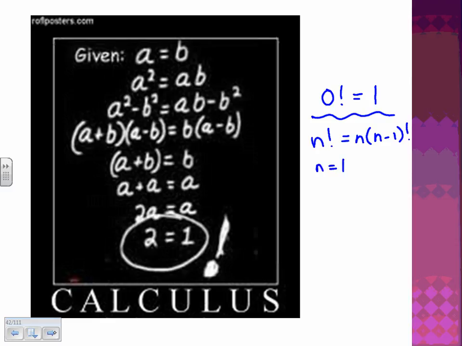So that would mean 1 factorial equals 1 times 1 minus 1 factorial, right? Okay. So what's 1 factorial? 1. So 1 equals 1 times 1 minus 1, which would be 0 factorial. So look, 1 equals 0 factorial. Is that true? Yeah. That's one law.